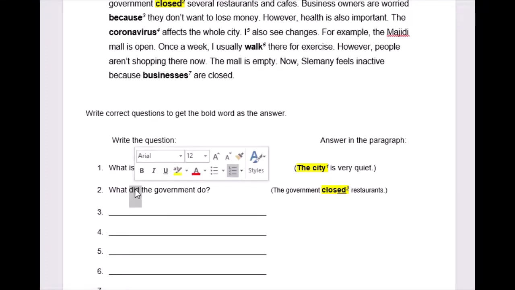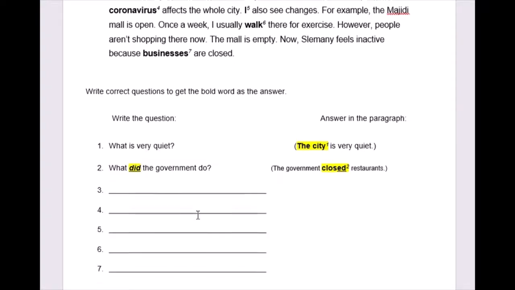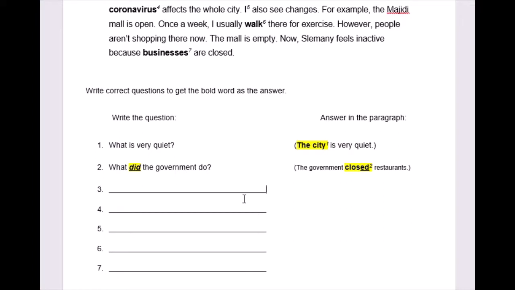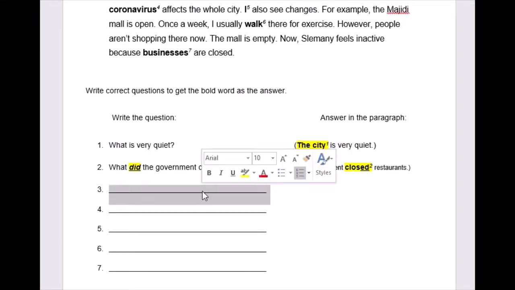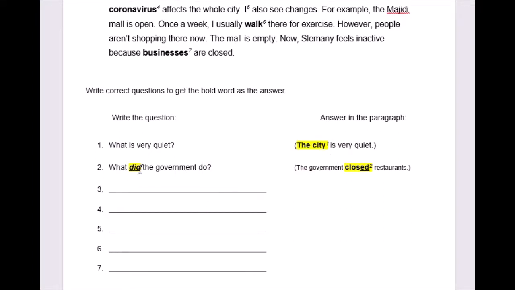Why do I use did? Because helper verb gives you the verb tense, okay? In questions, information questions. All questions. The helper verb is the verb tense, okay?